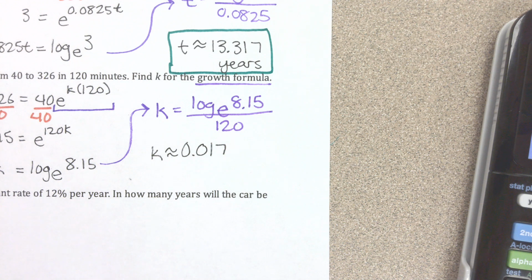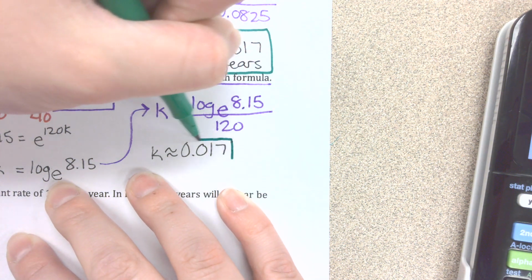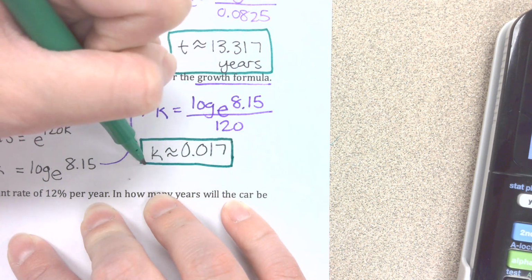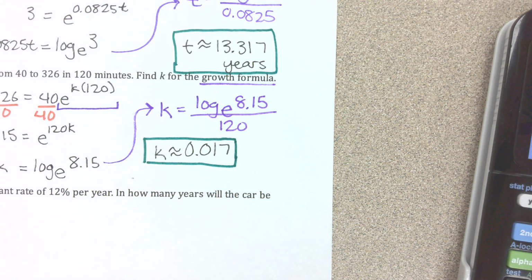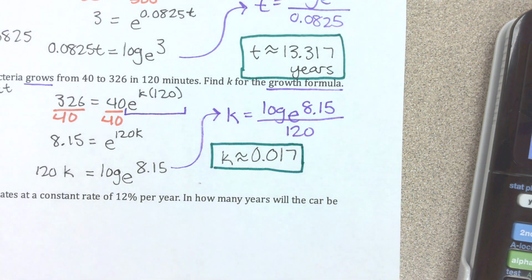And k is just a constant. It never has a label. So it's just going to be the number this time. Questions over number 2.